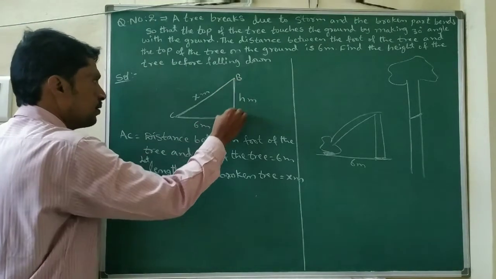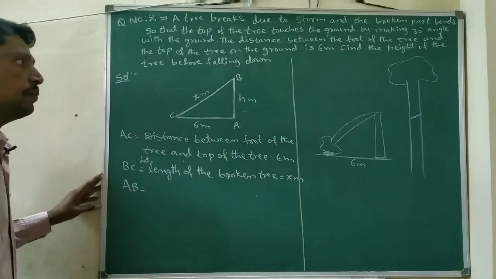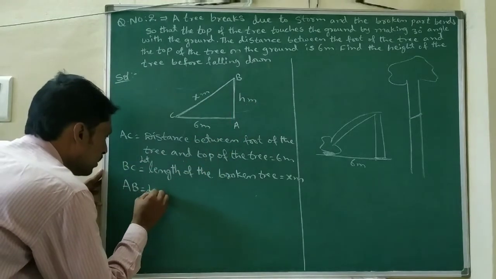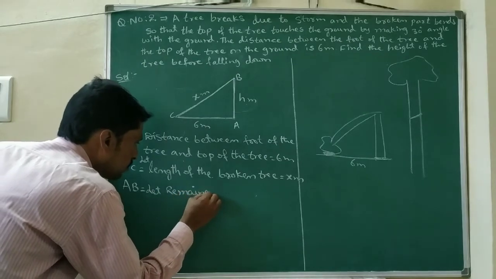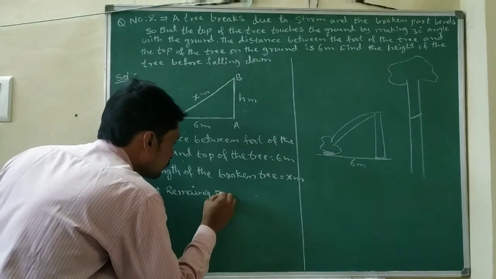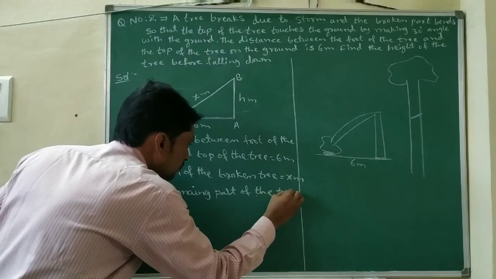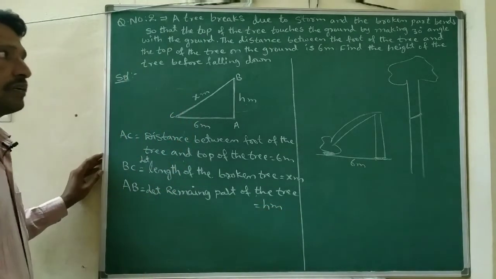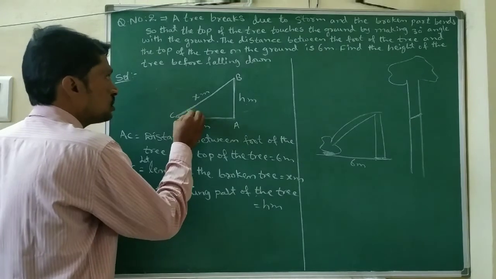Next AB you can take. What is AB? The remaining part of the tree. Let the remaining part of the tree equal H meters. Now here it is making the elevation angle.